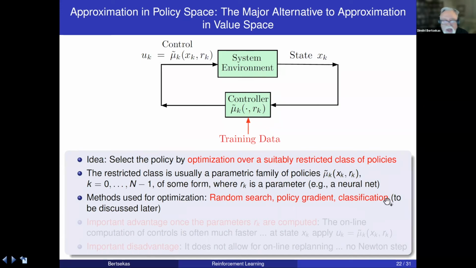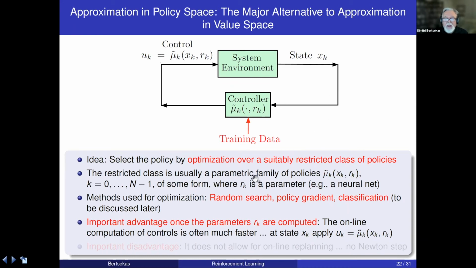There are classification methods that I'm going to discuss in future lectures, but also briefly in the next slide. All of these are machine learning methods for training control functions so that they achieve a useful objective.